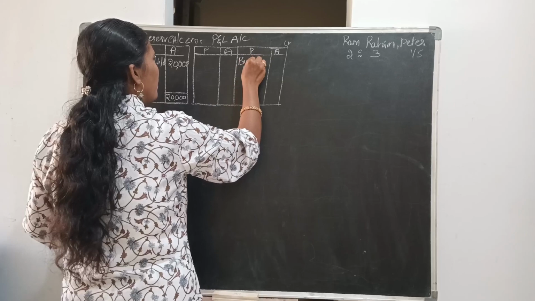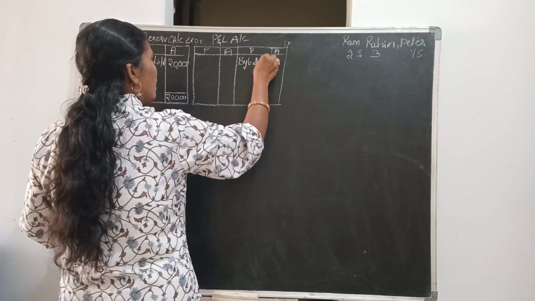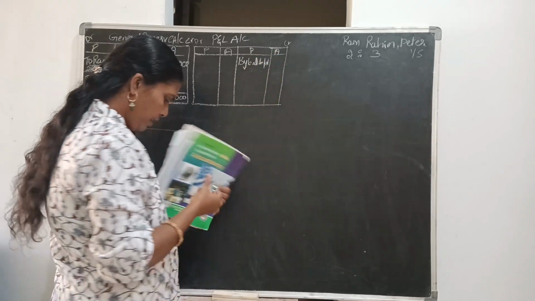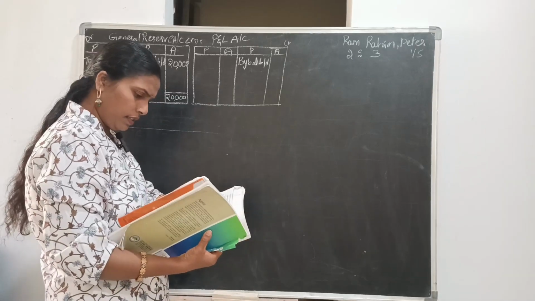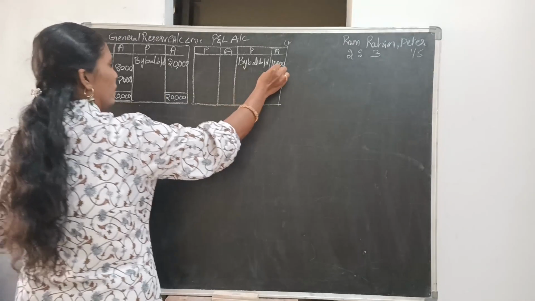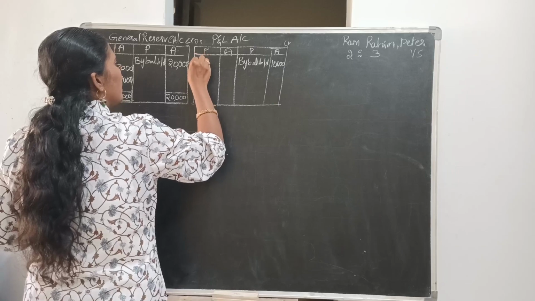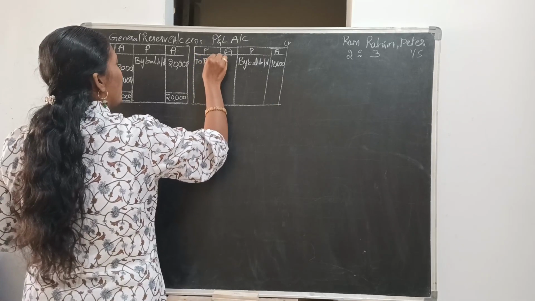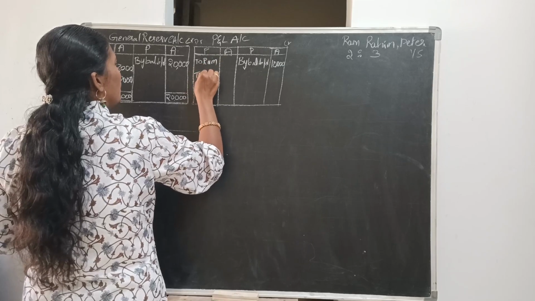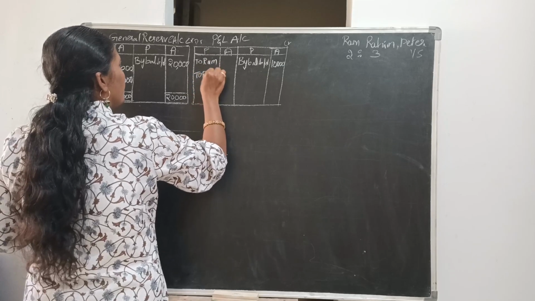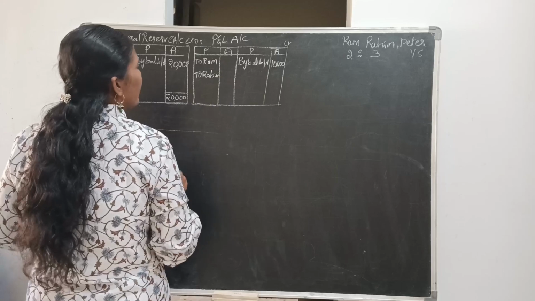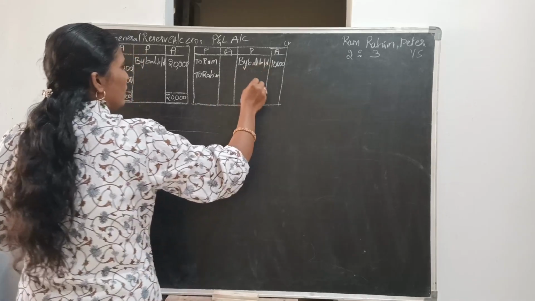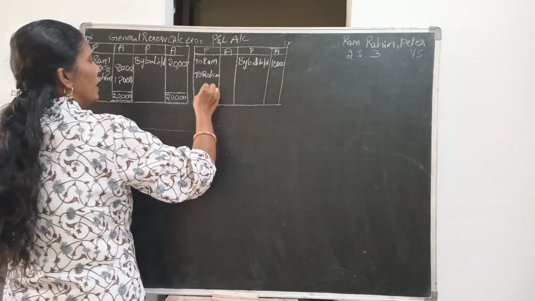By balance brought down. What is the amount? 10,000. Okay, 10,000 is the balance. So, now distribute among old partners, Ram and Rahim, this 10,000 in the ratio of 2:3.